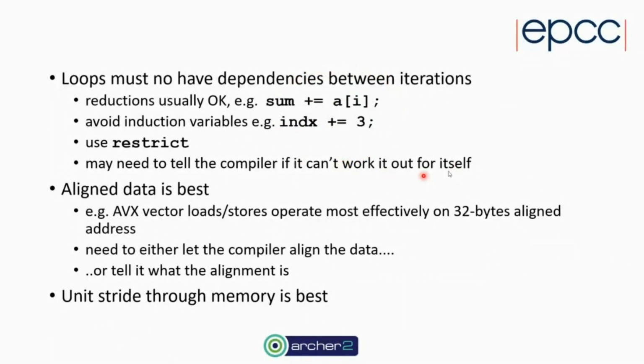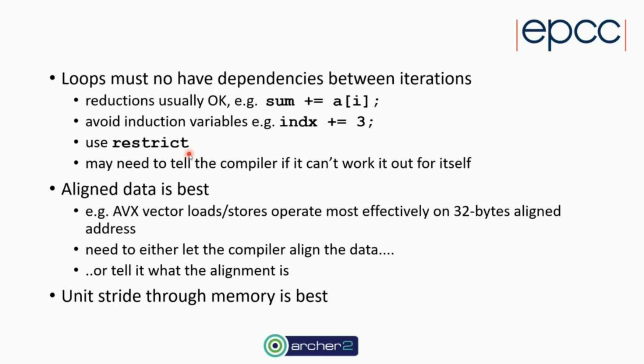And then the pointer alias issue, which we talked about in the memory lecture, may also come into play here. If you're using pointers inside your loop, then the compiler is going to find it hard to vectorize that, because it's not guaranteed that one pointer doesn't point to the same address as another pointer in a different loop iteration.